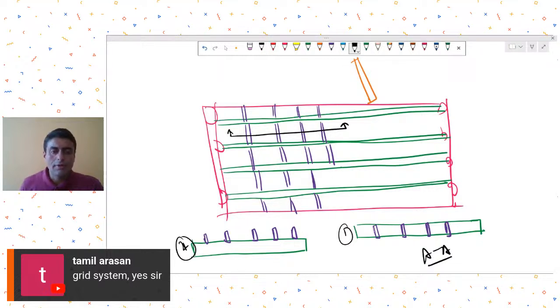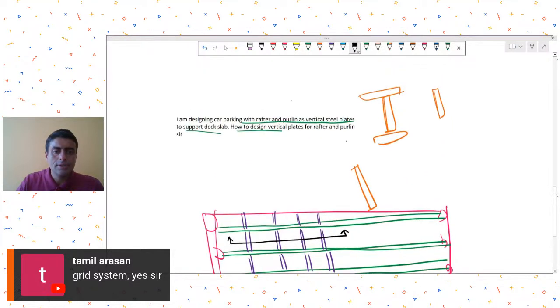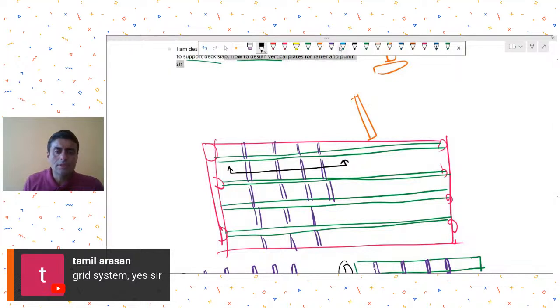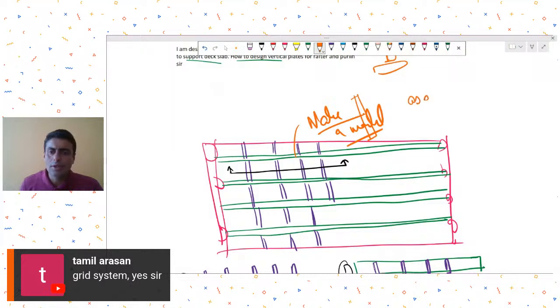Anyway, whatever your system is, what is your question now? How to design? I would suggest in such cases, you make a model first, apply the loadings, and then see what moments and shear forces you are getting, and then as a regular step by step process that you do for shear and for flexure, you design.